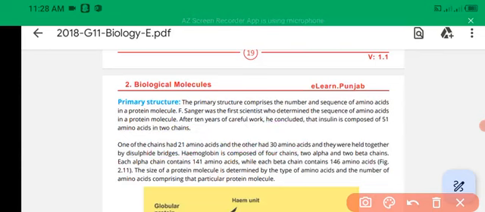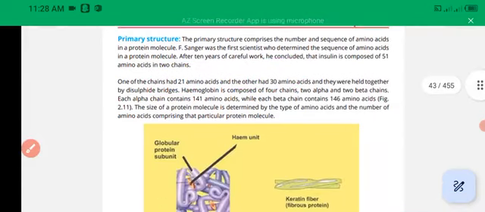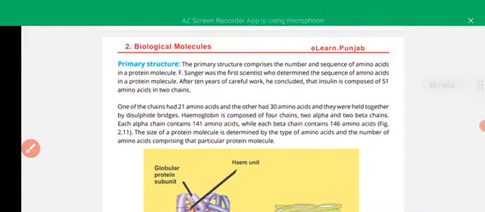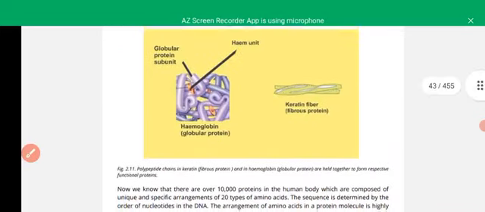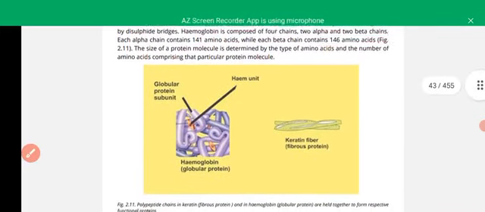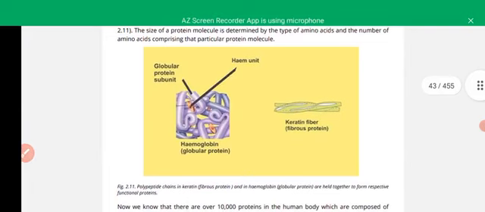In the same way, the quaternary structure of hemoglobin has two alpha and two beta chains. The alpha chain contains 141 amino acids and the beta chain contains 146 amino acids, and the total is 574 amino acids. These are important MCQs.